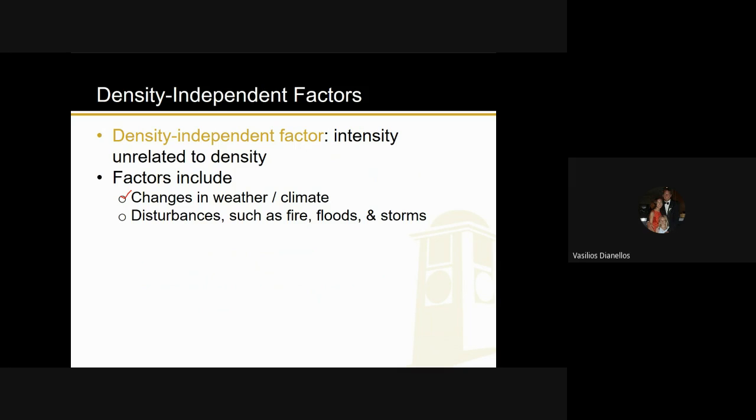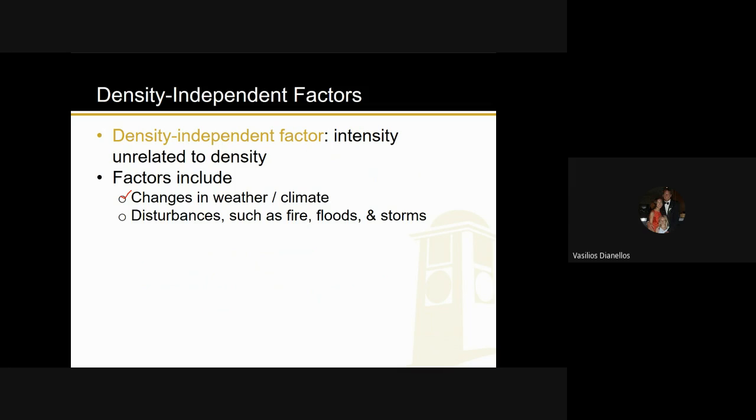So let's say, for example, there's some sort of weird natural catastrophe, and the state of Florida becomes like a polar area where it never reaches above 0 degrees Fahrenheit. Most things would just die on the peninsula of Florida, because they're typically evolved for warm weather, right? And that would just kill everything. It wouldn't matter if there were 5 palm trees per square mile or if there were 500 palm trees per square mile.